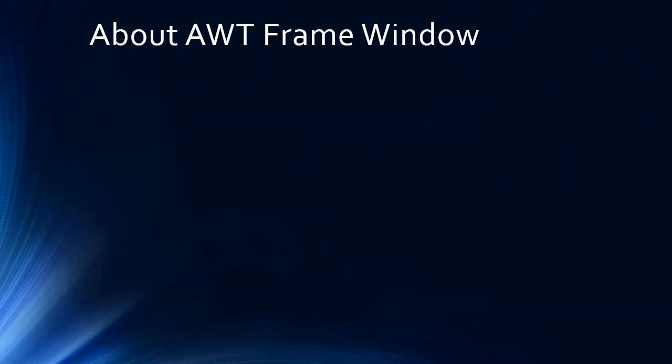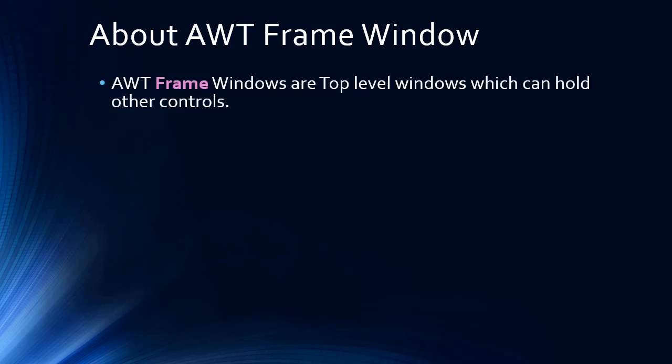So let us look at Java's AWT frame window. AWT frame windows are top level windows which can hold other controls. As already told, once a frame window is created, then you can place user interface elements into it. The user interface elements are like text boxes, radio buttons, like that.